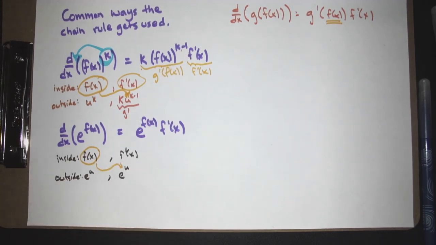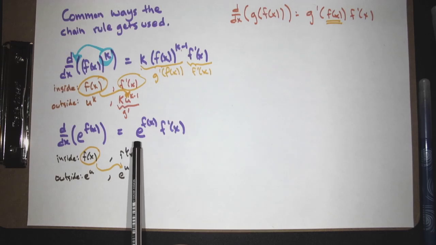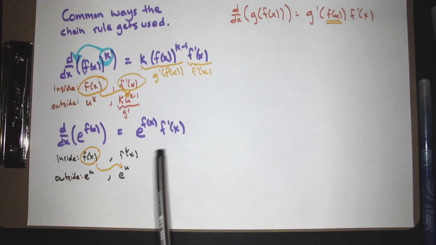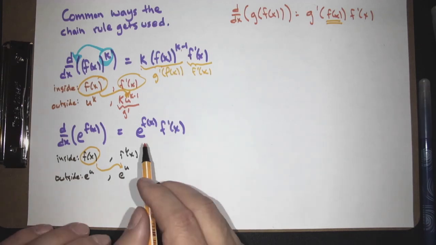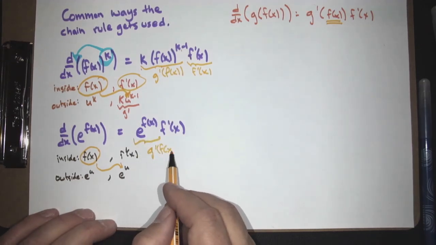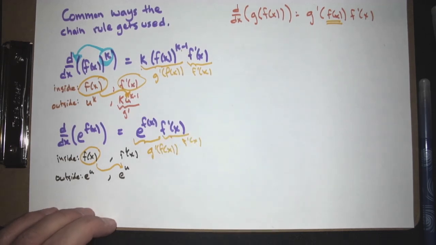You have to keep track that I actually am taking a derivative. It's not just that we wrote it down again. The derivative of e to something is e to something. So it's e to that function again, then times f prime of x. This part right here is our g prime of f of x, and this is our f prime of x.